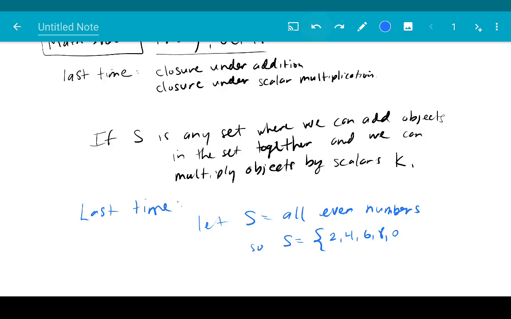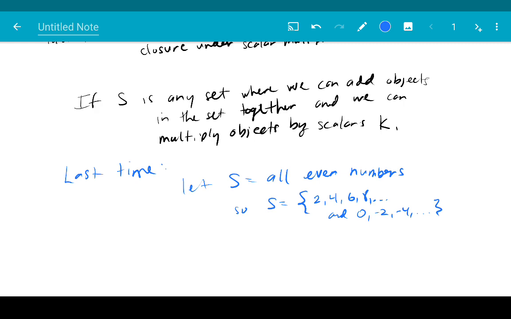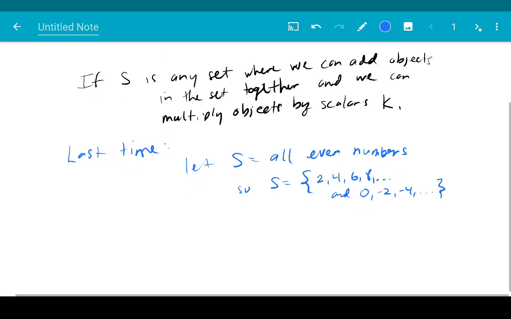I really shouldn't put them in that order though. I should do ... and 0, -2, -4, etc. So it really goes infinitely in both directions. Positive and negative even numbers. 0 is an even number. To be even, it simply means that when you divide it by 2, you have a remainder of 0. Okay, so I think we all agreed.